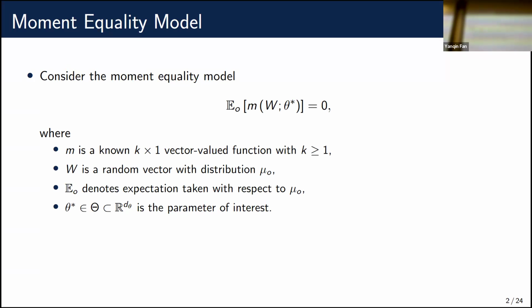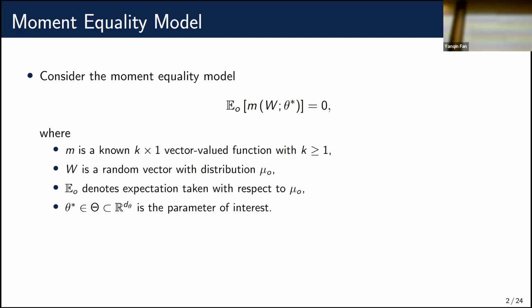M is the moment function of dimension K, and the random vector in this model is denoted as W. W follows the true distribution denoted as mu naught. You can think of this as a distribution function or probability measure; it doesn't really matter. The expectation with subscript naught here is taken with respect to the true distribution of W.